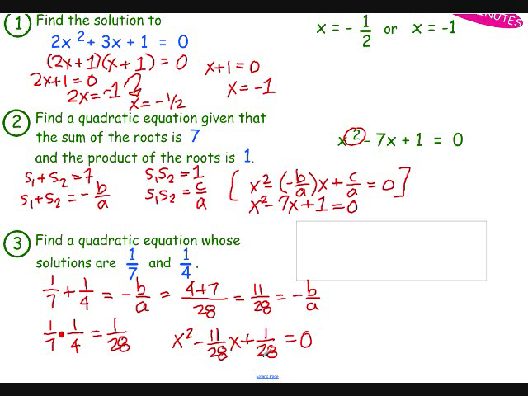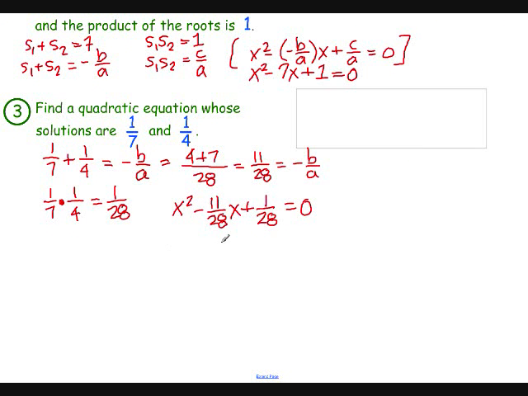Now there is a problem here because I've got 28 in the denominator. So if I multiply everything here by 28, I'll get 28x squared. Now multiplying this by 28, the 28 and the 28 in the denominator cancel out, which is exactly what I wanted to do.